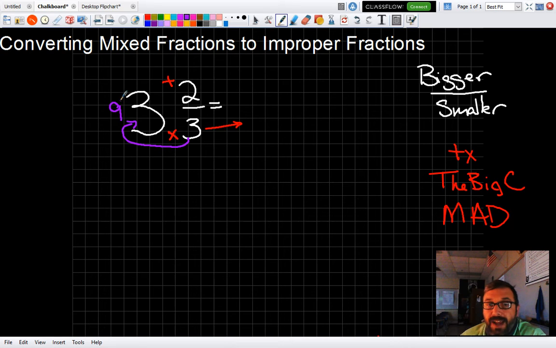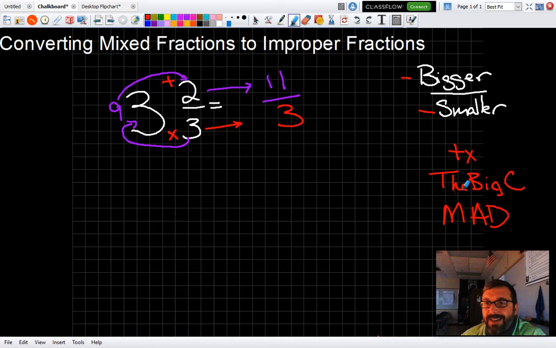Now I'm going to take this 9, and I'm going to add 2 more to it. 9 plus 2 is going to give me my numerator of 11. Now, remember the D stands for keep the denominator. So I'm just going to push this 3 over. And now look, I have an improper fraction. I have 11/3. I have a bigger number over a smaller number.